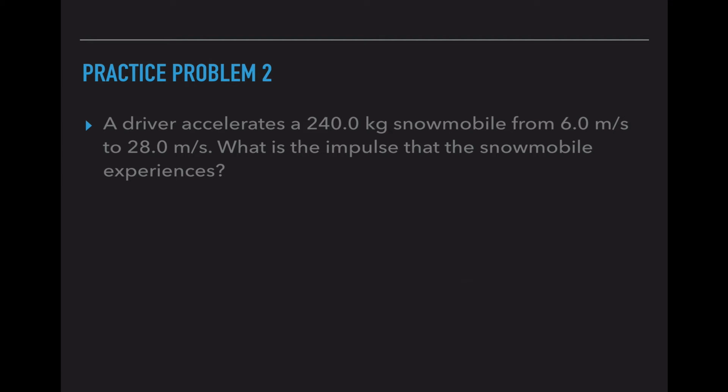A driver accelerates a 240 kilogram snowmobile from 6 meters per second to 28 meters per second. What is the impulse that the snowmobile experiences? So I'm going to go back to the equation from the previous slides. F times t equals mass times Vf minus Vi. F times t is my impulse.